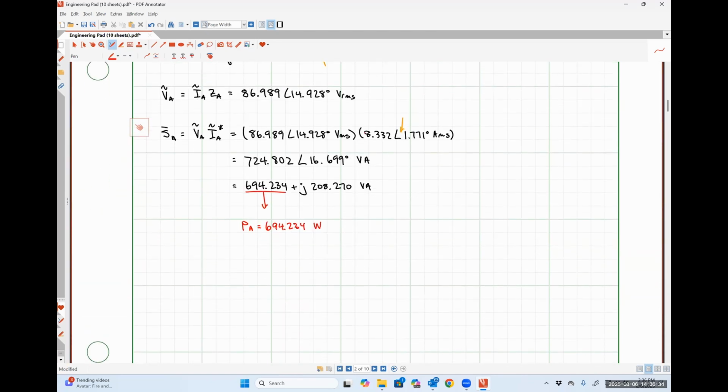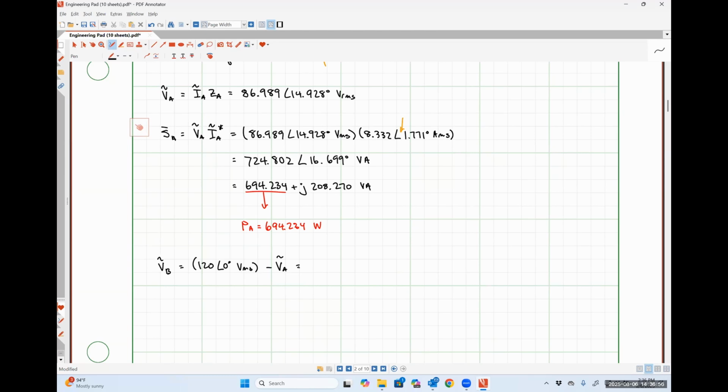So I am suggesting here, correctly, for what it's worth, that VB is just going to be 120 angle 0 degrees volts RMS minus VA, which is just the result of us applying Kirchhoff's voltage law around the left-hand loop, okay?